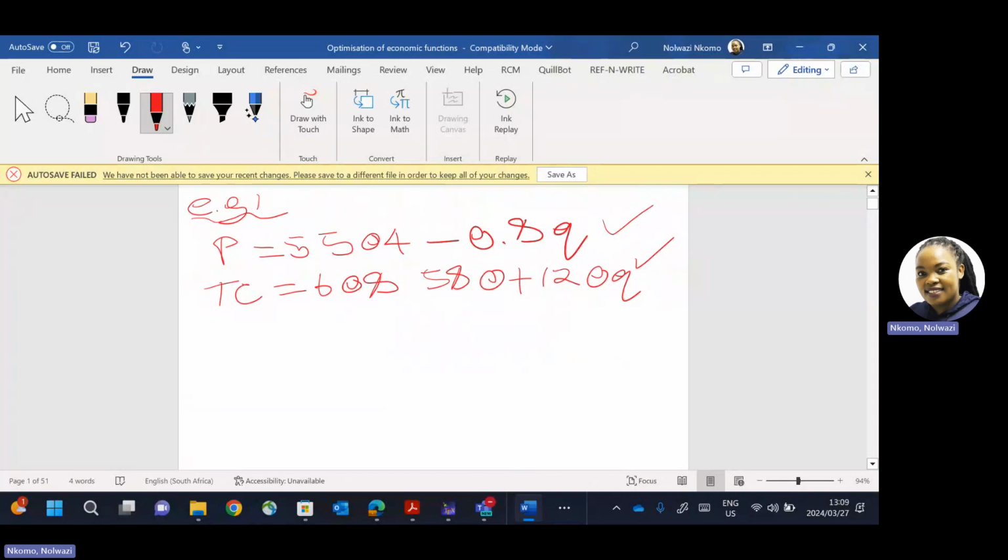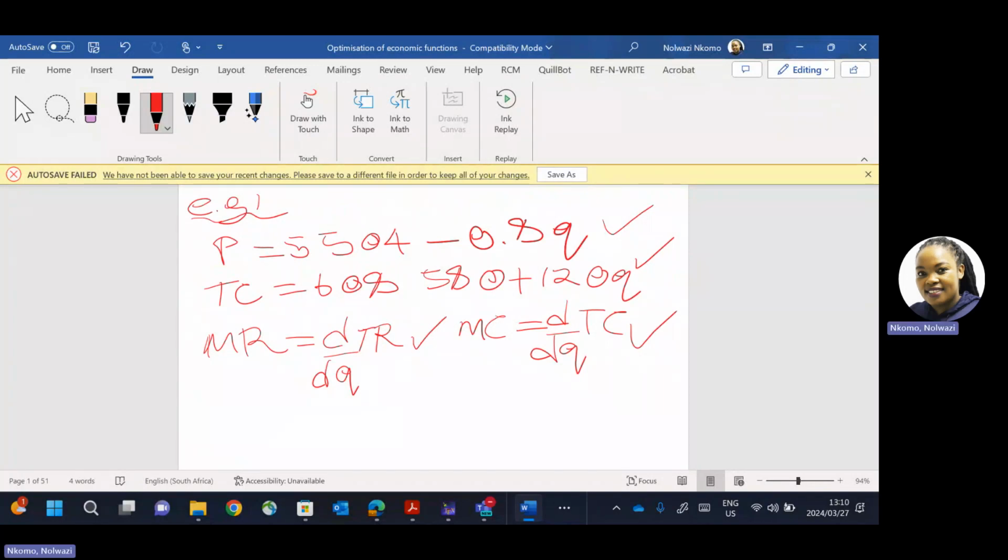From the previous chapter, we know that the marginal revenue is the derivative of the total revenue, and the marginal cost is the derivative of the total cost.